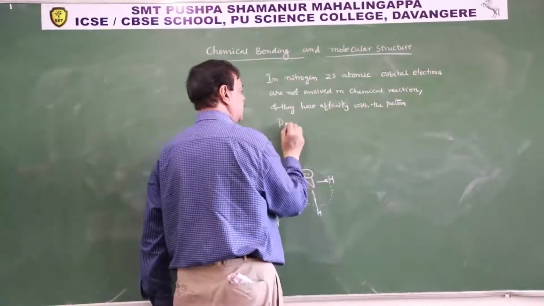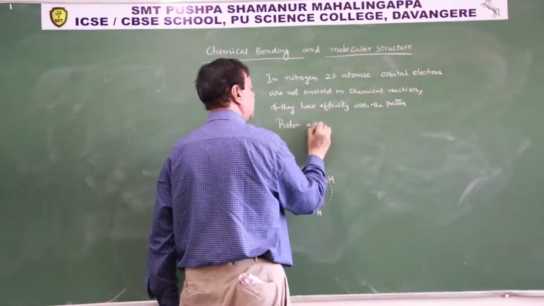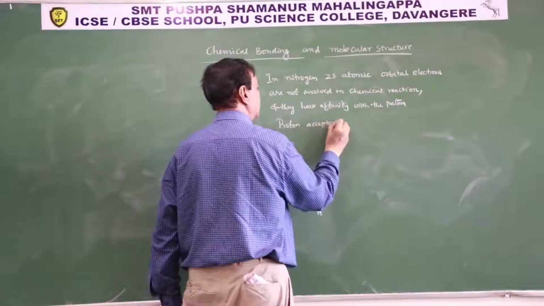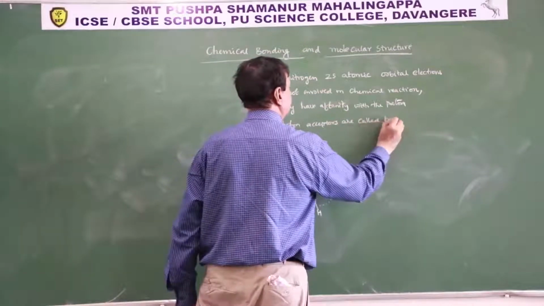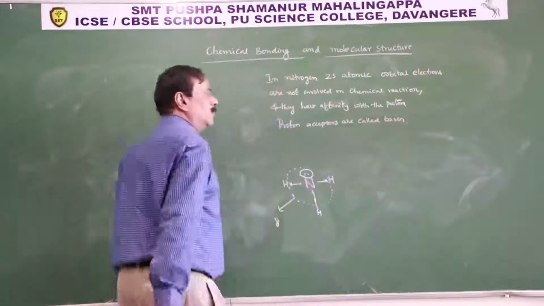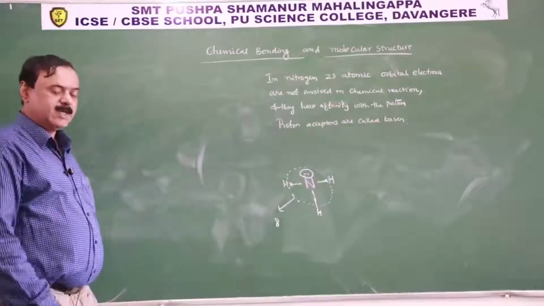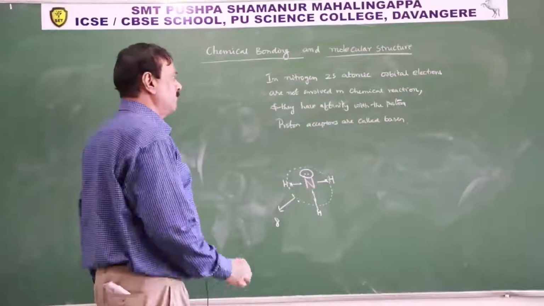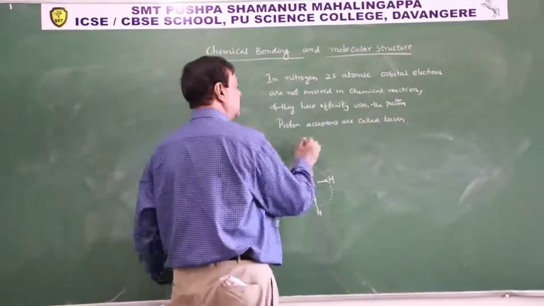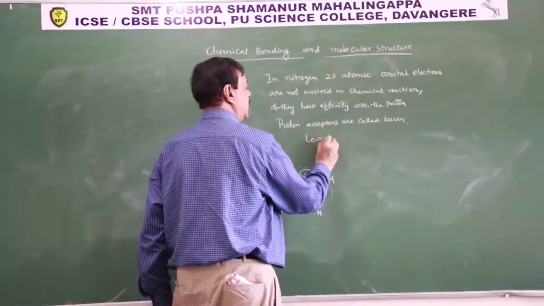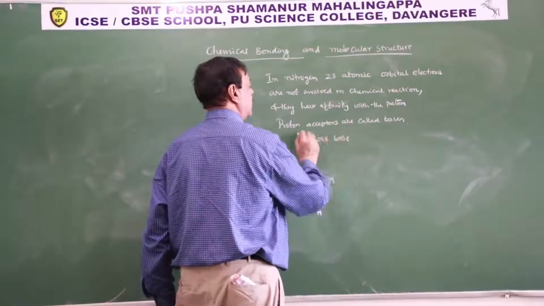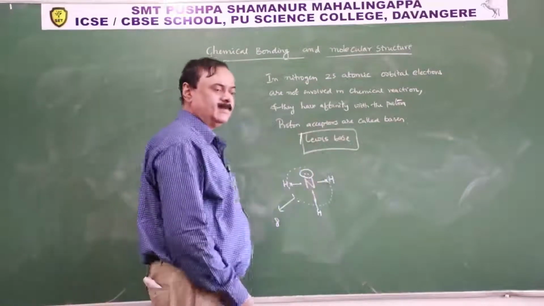Proton acceptors are called bases. By knowing the Lewis dot structure, therefore it is called a Lewis base. Ammonia is a Lewis base.